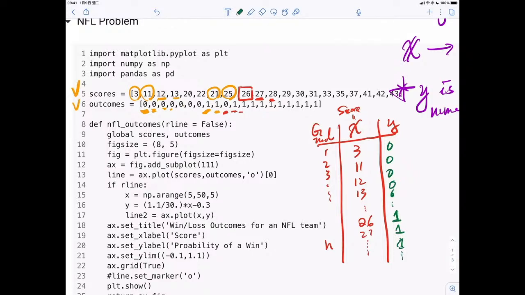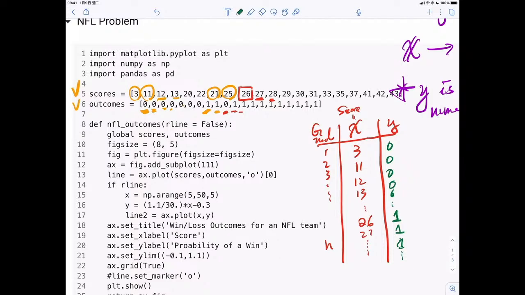So basically, in this example, Y is a binary value, right? It's either 1 or 0. It is not numeric data. It is a class. Okay, class 0 and class 1.